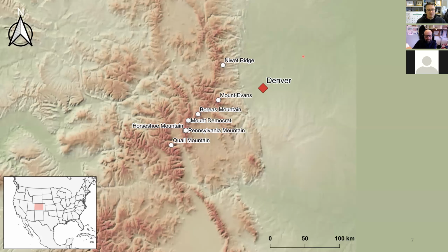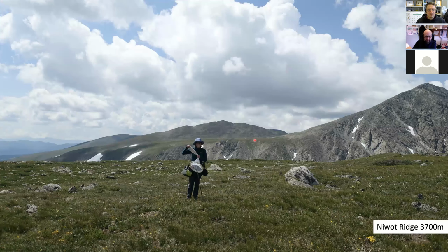They were collected from this set of sites in Colorado, so a variety of different regions on different mountains. And here you can see a member of the team, Julia Jones, up in the mountains doing some collecting.